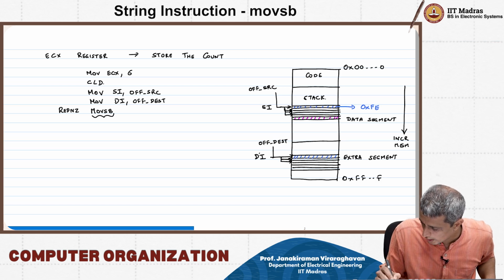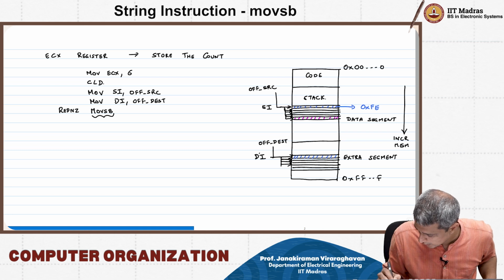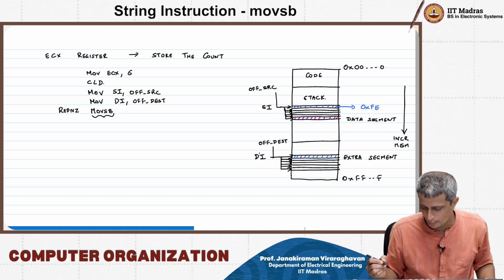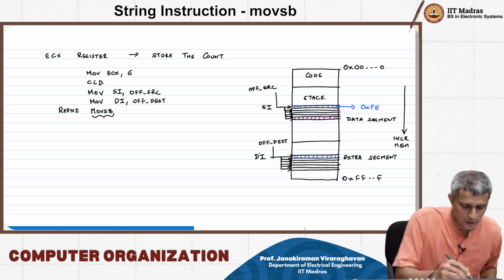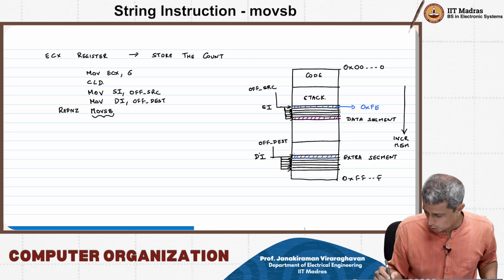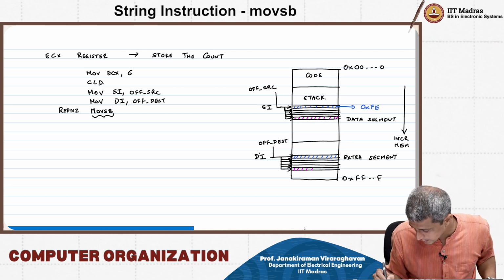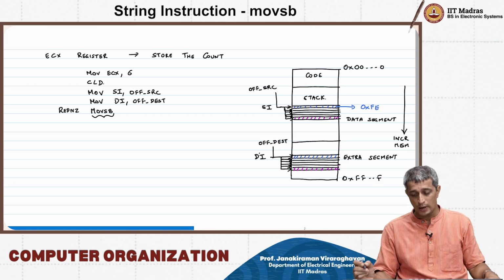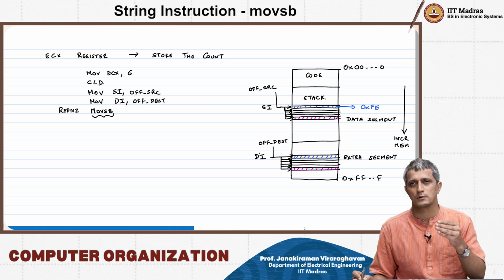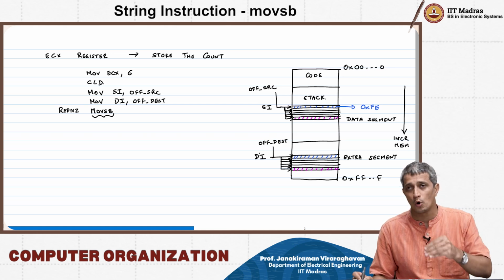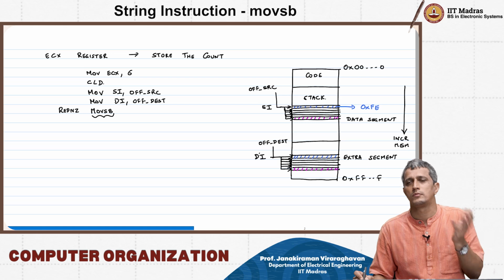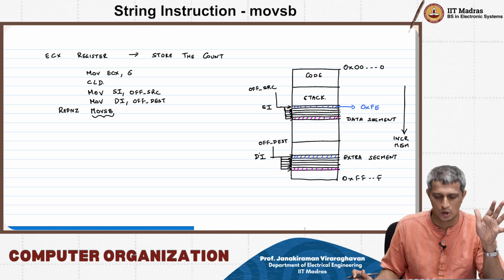Again you do, last one you do. Like this, you finish all operations. Then my data would have got copied exactly like this from the data segment to extra segment, and ECX will hit 0, and then you will stop performing this operation.